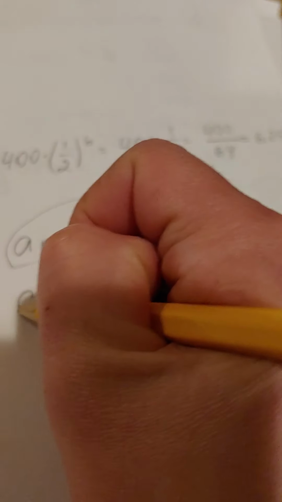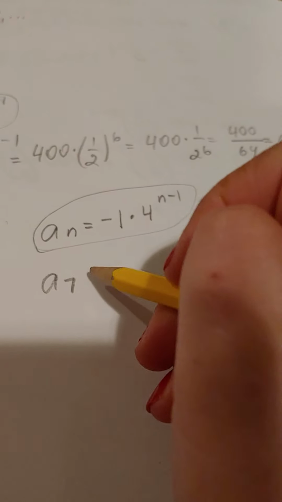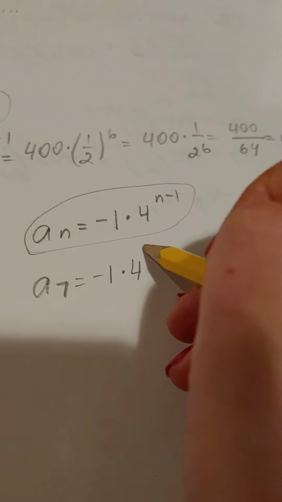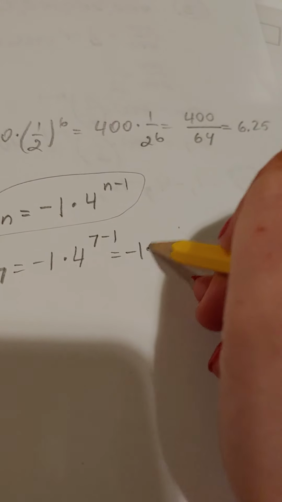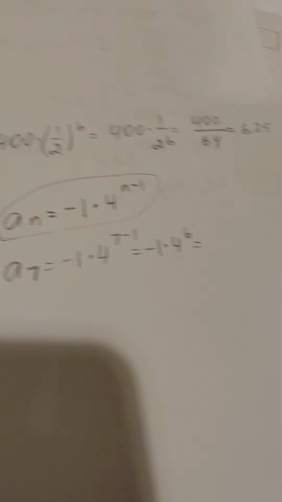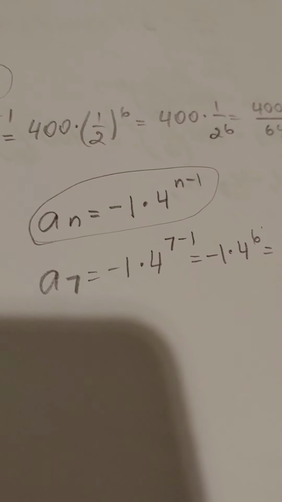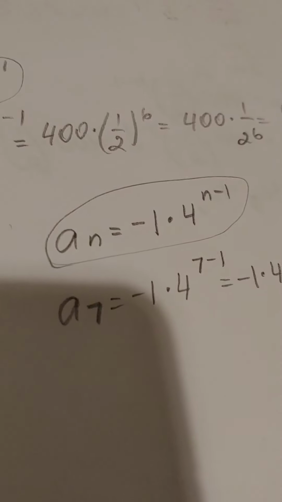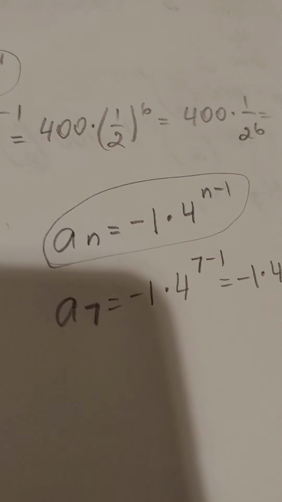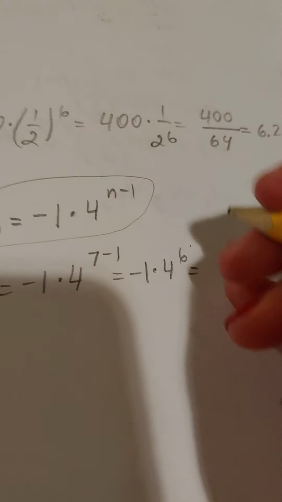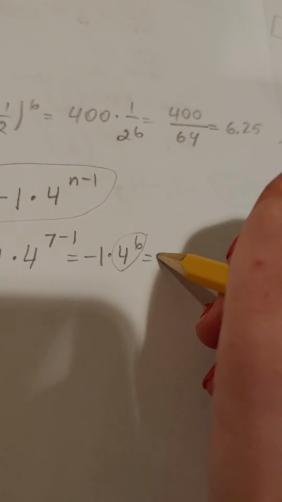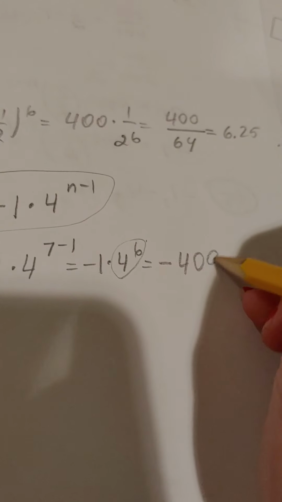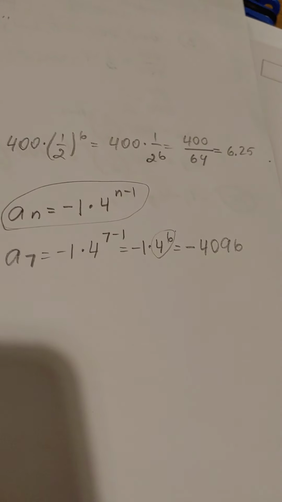Now I have to find A7, which is -1 times 4 to the power 7 minus 1. We do know that 7 minus 1 is 6. Then we have to figure out 4 to the 6th power. Let me see. 4 to the 6th power is 4096. So 4096 times -1 would be -4096. So we just figured out the 7th term in the sequence.